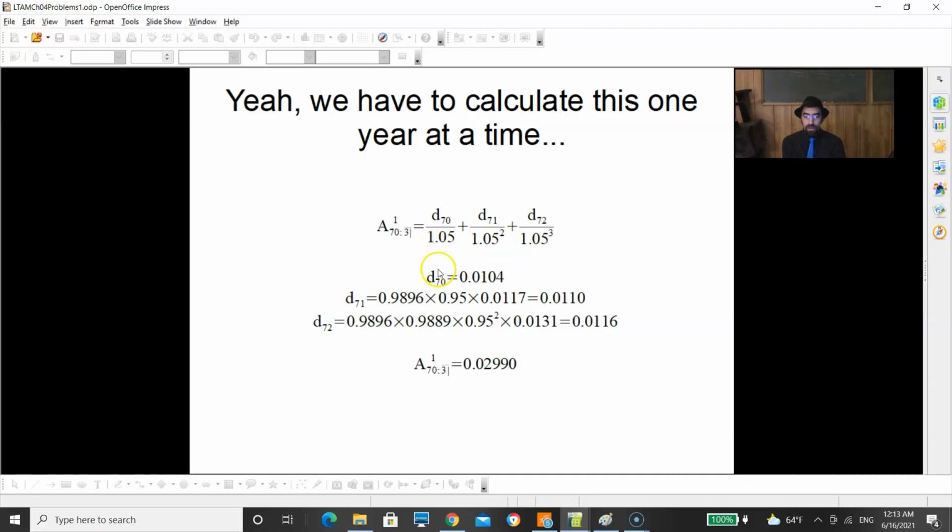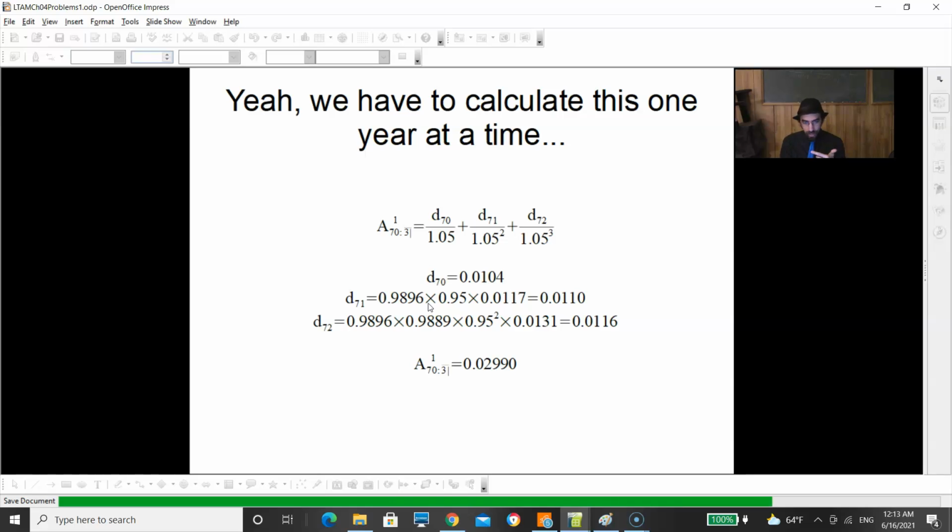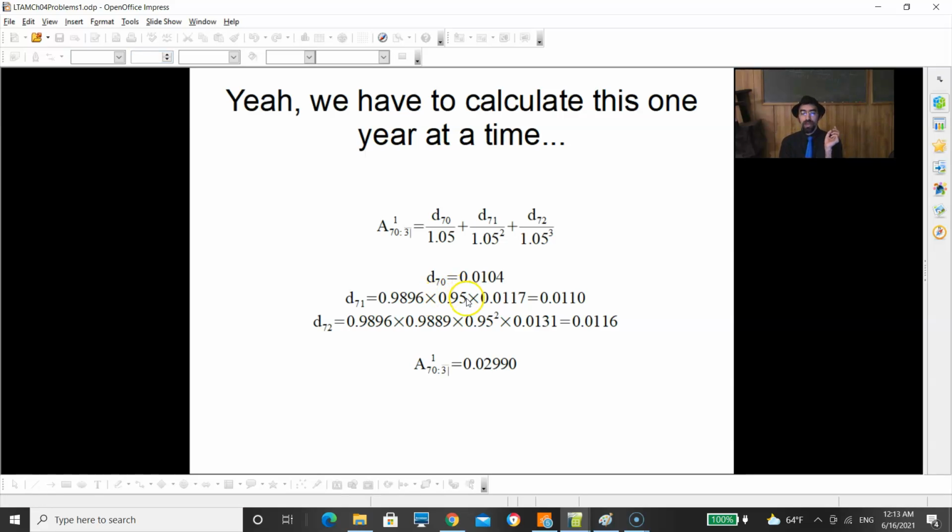Sorry, D70 is just Q70 from the table. D71, you have to survive that first year, and then you're told that the death probability is only 95% of what the table tells you.